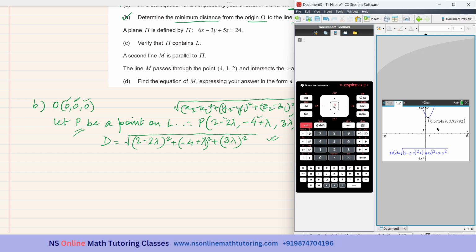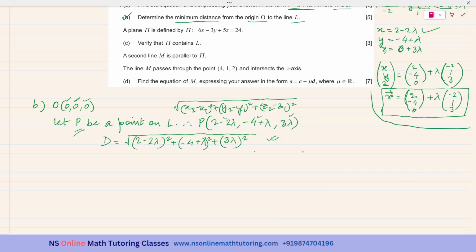And the corresponding lambda value will be 0.571429 and all. Okay. We are not required to give the corresponding lambda value. The minimum value will be 3.93 correct to 3 significant figures. But in case you are using this method, the graphical method, since the question is carrying 5 marks, therefore I will be suggesting you to give a rough sketch of the graph. Okay. Or else I'm not drawing the rough sketch.